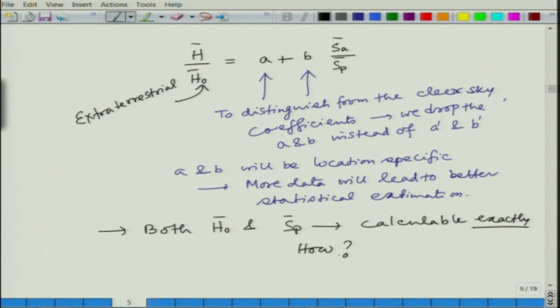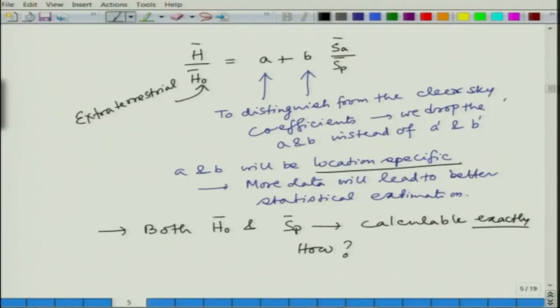Of course, with more data, the A and B coefficients will be much more stringent, because whatever value you take in the denominator for extraterrestrial or clear sky assumption, those coefficients will of course depend on the atmospheric condition and location, right.